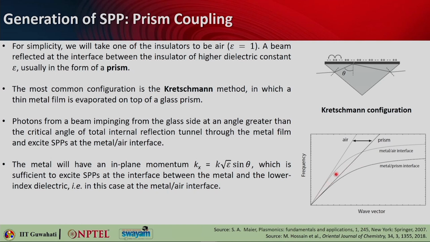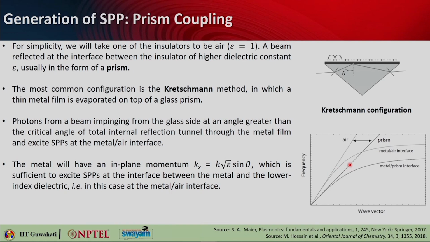If you are using this particular line for the incoming wave, or incoming photons, then you will see that there is a possibility that you can actually have plasmons which have lower momentum, not energy, we will say in terms of momentum here, lower momentum or k vector corresponding to this one for a given frequency.